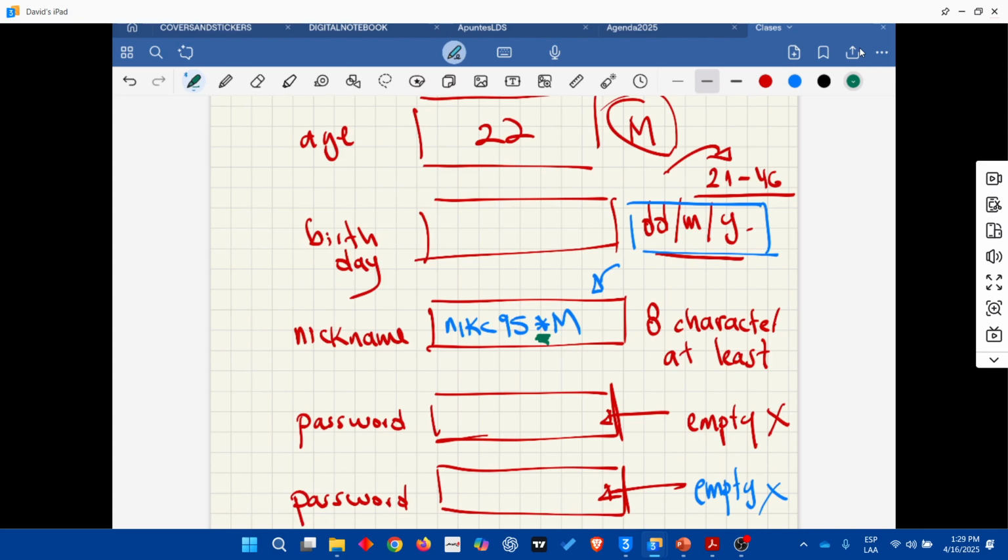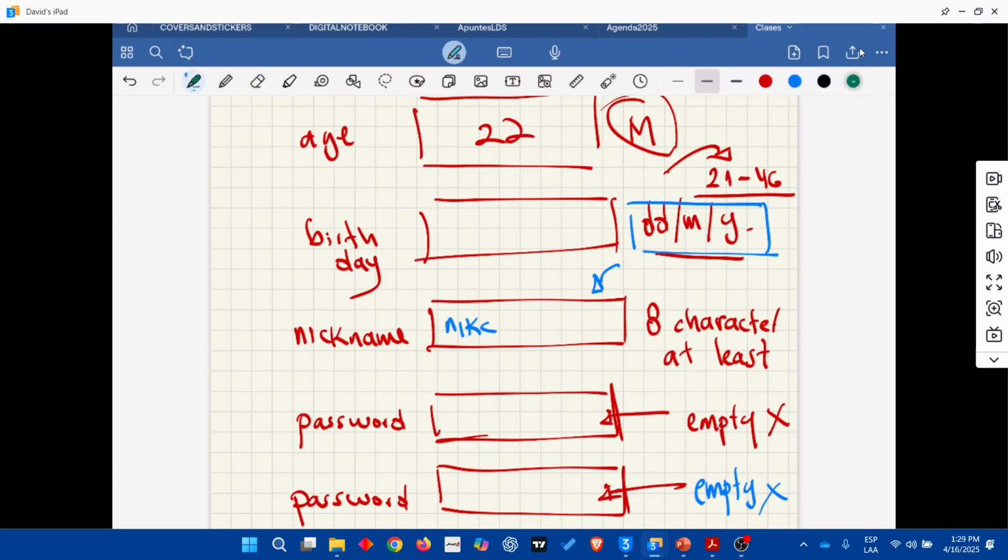Why? Because for the nickname, why would you put an asterisk in your username? So let's suppose that here we're going to change this.